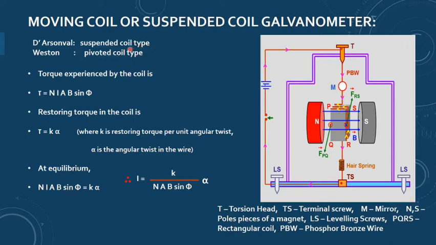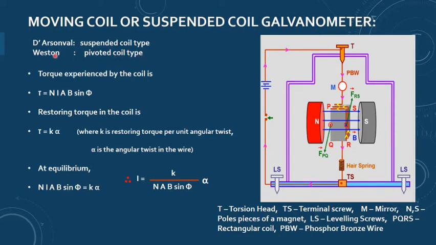Now in the lab, we use the Weston type galvanometer, because the sensitivity of the Weston type is a little less than this. This is the pivoted coil type, but it is more rigid. It means it does not get harmed even if you are not handling things properly.